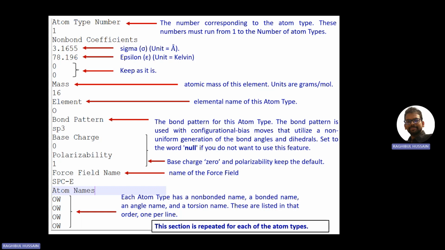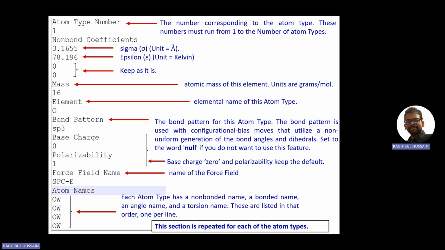Then divide by the Avogadro number, 6.022 times 10 to the power 23. So the unit is joule per molecule. We have converted kilocalorie per mole into joule per molecule: kilocalorie converted into joule, then divided by the Avogadro number.